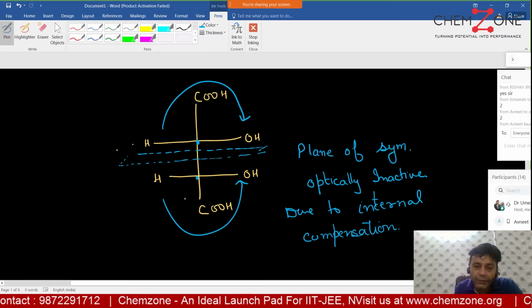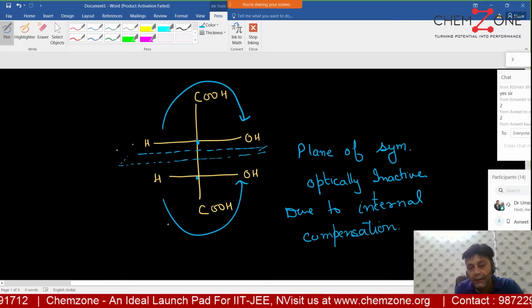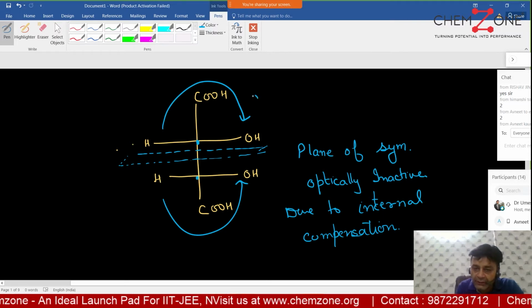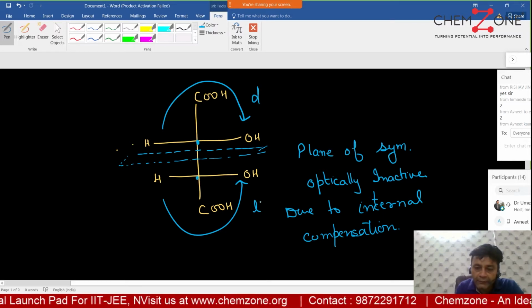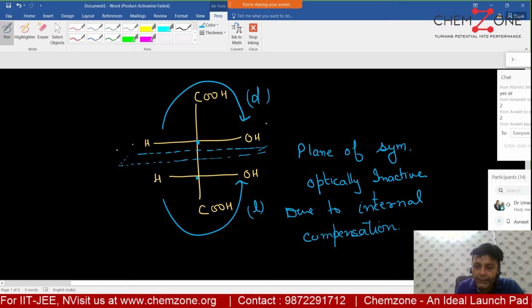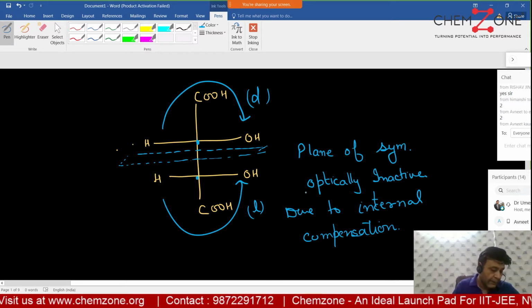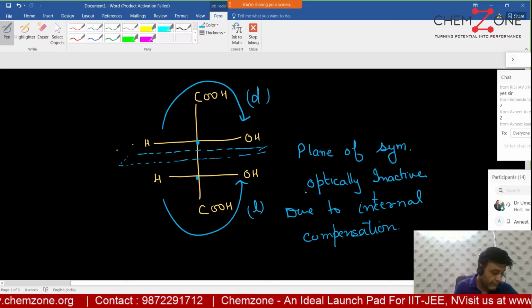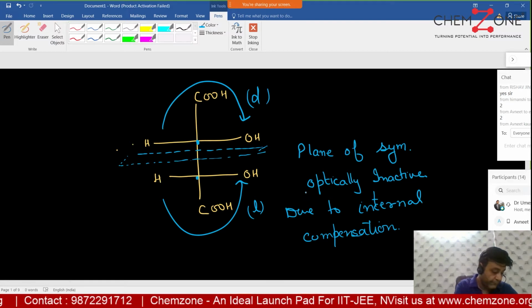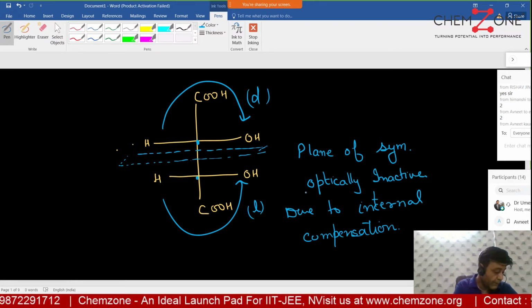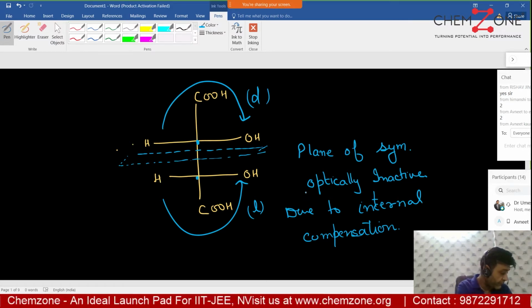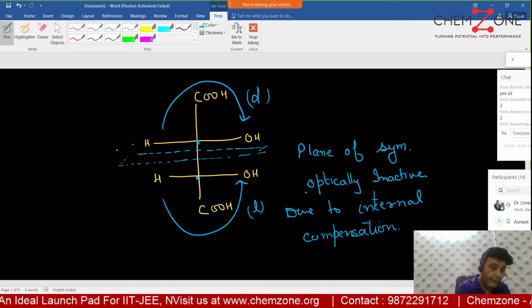Internally within the same molecule, one half is dextrorotatory, the other half is levorotatory. It is a plane of symmetry and the compound is optically inactive. Right.